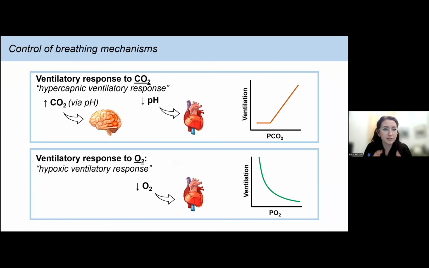So before I get into it, just a brief overview of how your body controls breathing. Your body responds to changes in CO2 and oxygen in your blood. With regards to the response to CO2, or the hypercapnic ventilatory response, you have central chemosensory cells in the brainstem that respond to changes in CO2 via its effect on the local tissue pH.